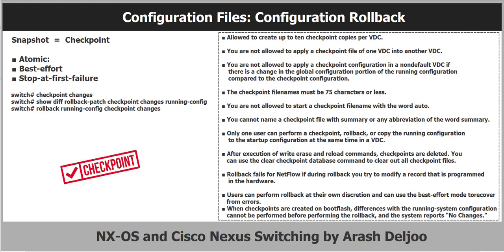I want to change something, but I want to finally come back to the configuration of this time. I can create a checkpoint, or I can create a snapshot. Then I can go to the configuration, configure some things, and finally we can come back to the snapshot point.